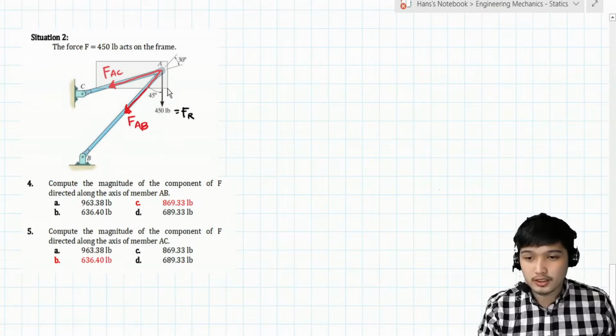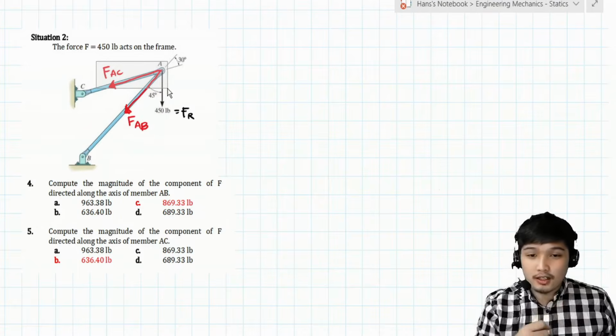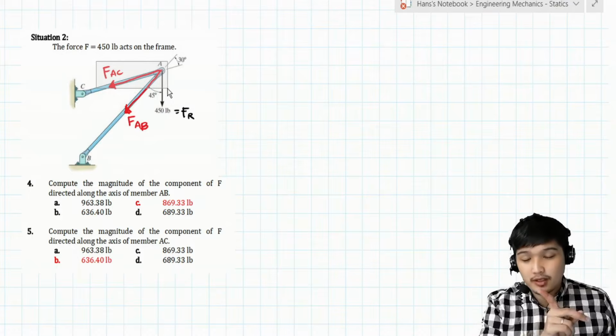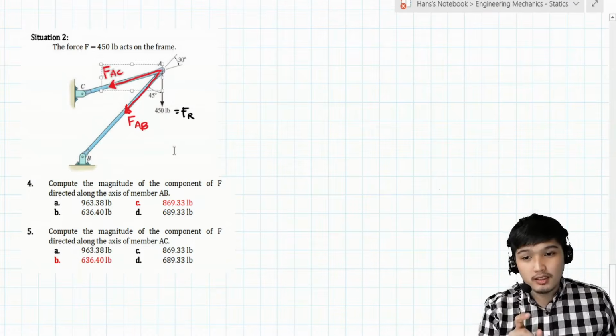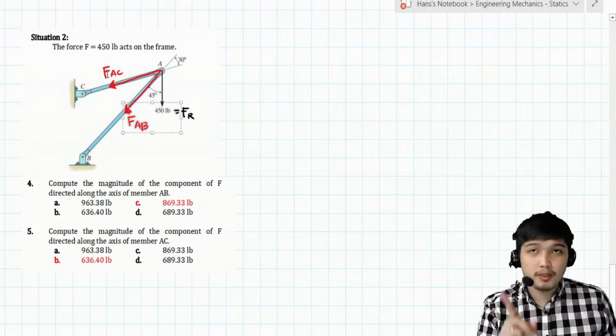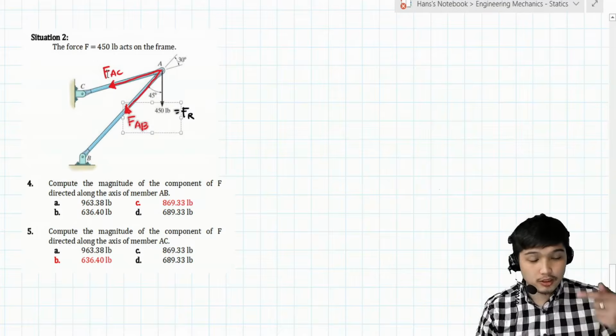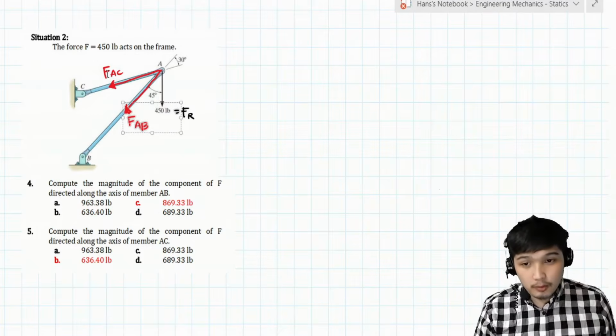Kung i-consider natin yung horizontal component, yung FAC to the left, etong FAB to the left din siya. So, pag pinagsama natin yon, left plus left, magkakaroon siya ng horizontal component.